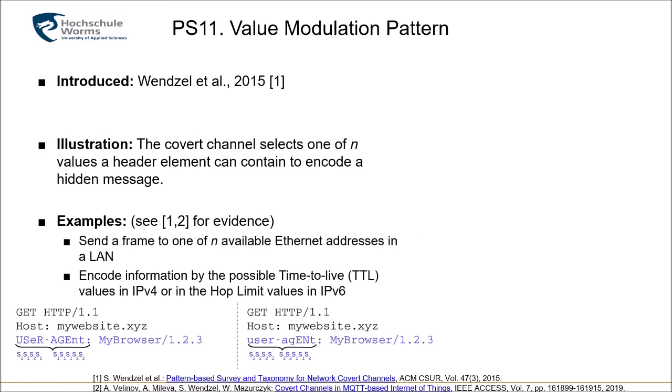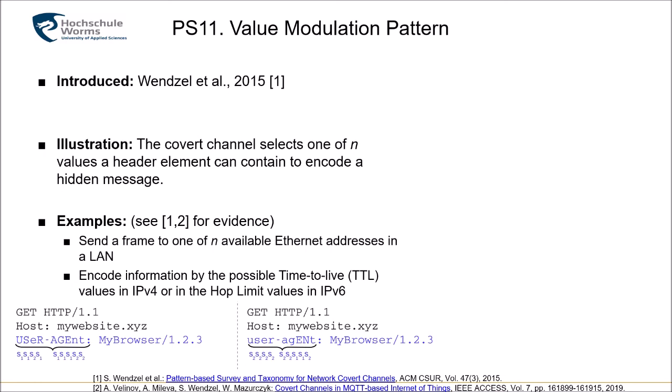Value modulation is also a rather basic pattern where you can select one of n values that are valid. For instance, you could send a frame to one of n available Ethernet addresses in the LAN. So let's say you have a 48-bit network address, a host address, but only n hosts are available in the network.